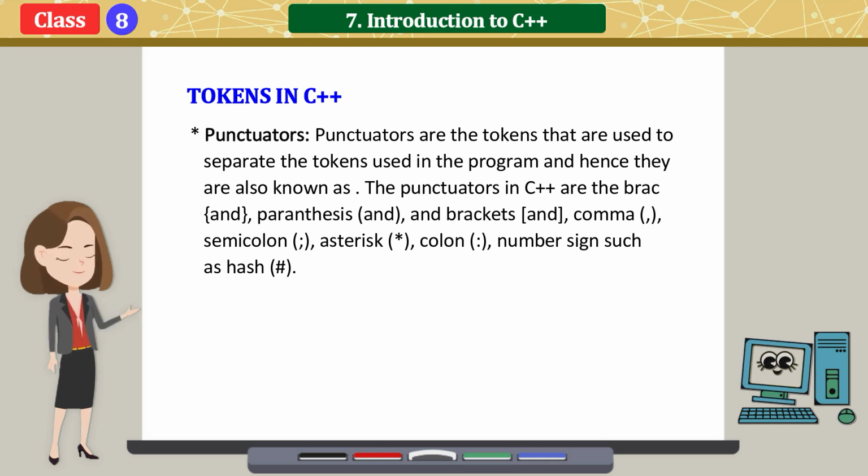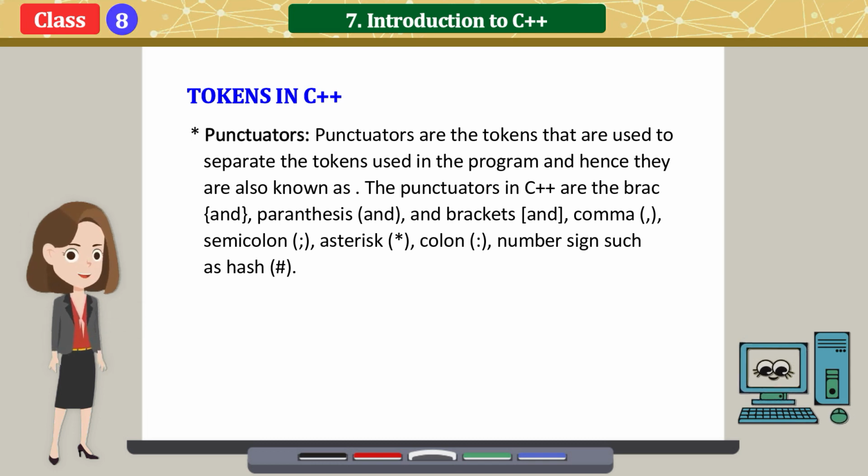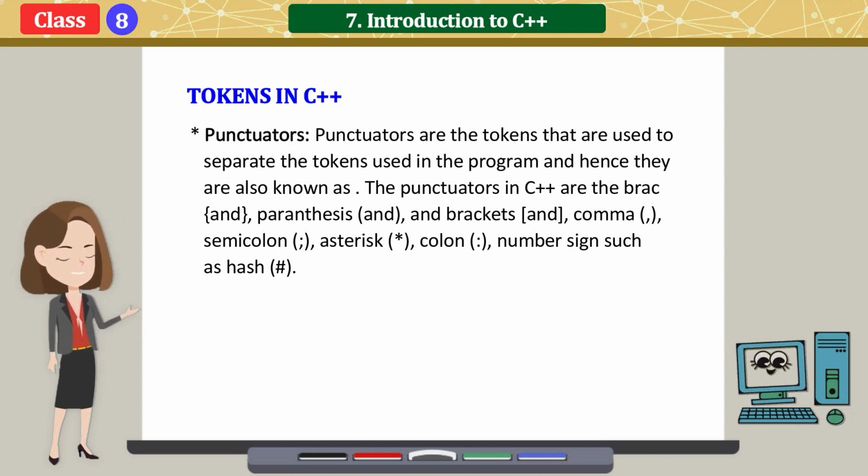Punctuators. Punctuators are the tokens that are used to separate the tokens used in the program, and hence they are also known as separators. The punctuators in C++ are braces, parentheses, brackets, comma, semicolon, asterisk, colon, and number signs such as hash.